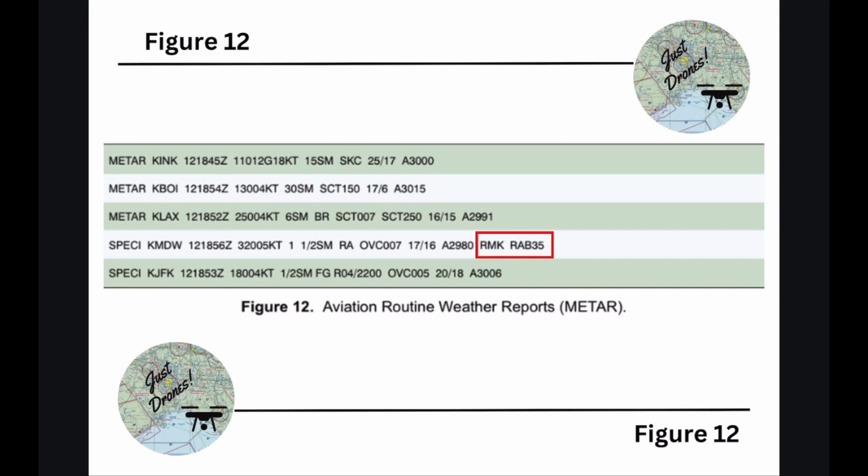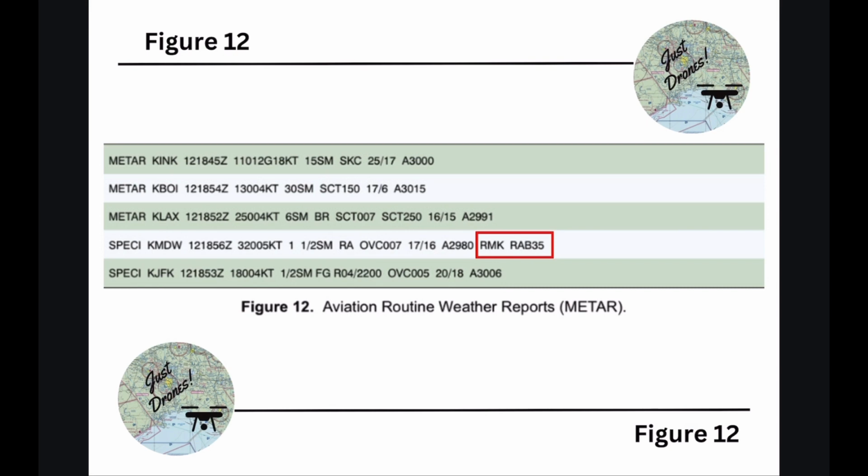It's remarks about that METAR of the weather observation within that past hour. So RMK means remarks, and then we have RAB35. RAB simply means rain began. So rain began at 35 minutes past the hour.